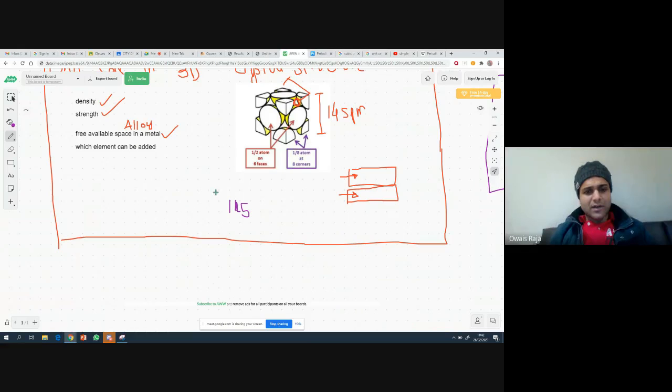I call it RA, radius atomic, in picometers. The pm means 145 times 10 to the minus 12 meters. That's pico.